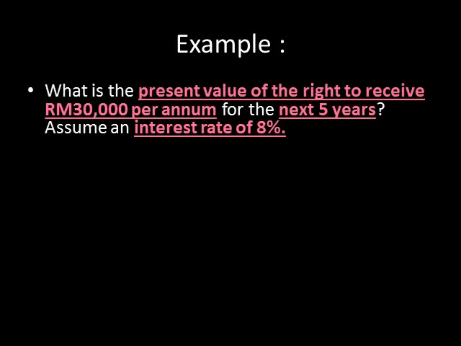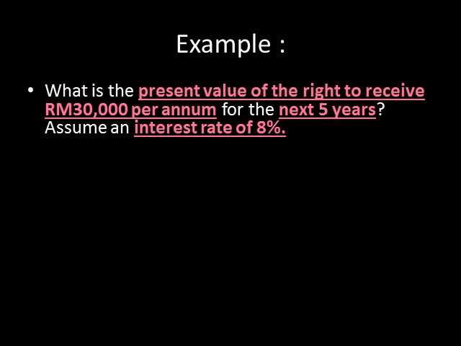Alright, let's look at an example. You need to calculate the present value of the right to receive RM30,000 per annum for the next 5 years. So these questions need you to calculate the present value, today's value, of the right to receive RM30,000 per annum for the next 5 years.